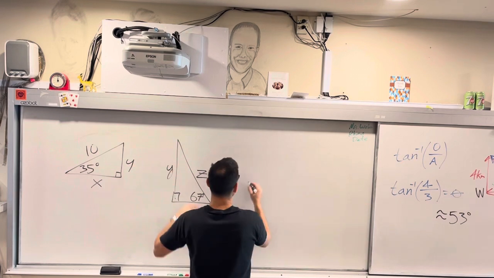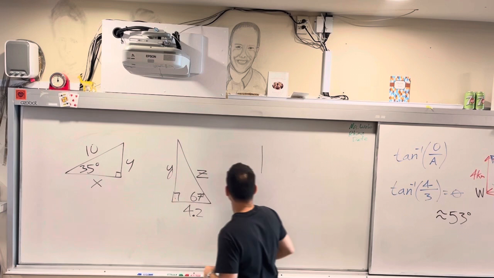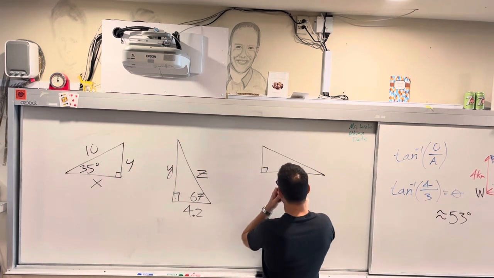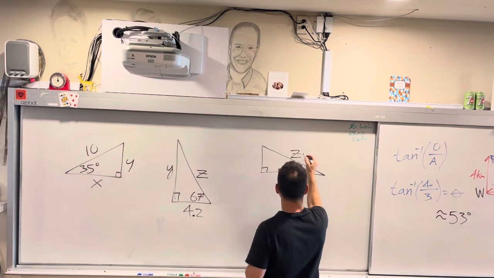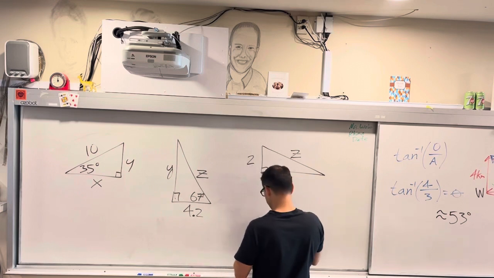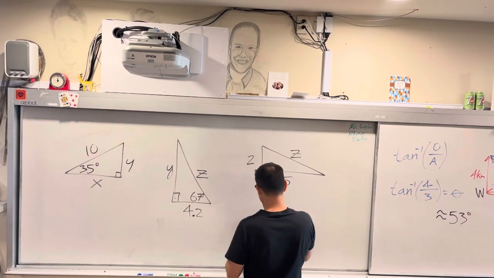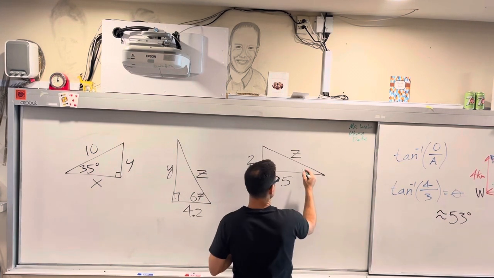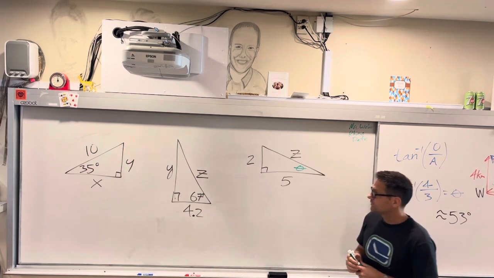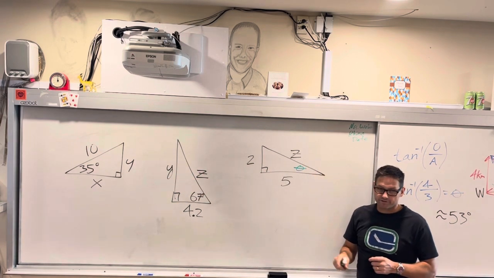So find the variables. And we'll do another one, we'll say z. So this is 2 and this is, actually no, it's too big. So find the x and y, and then find the y and z, and then find z and find theta.